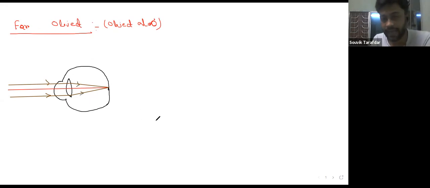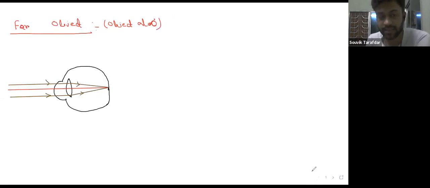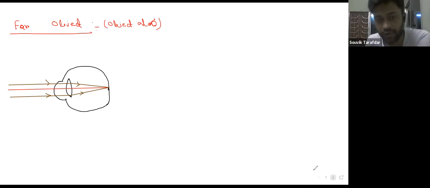Now, can you tell me for which case, for this one or for this one, the light ray is converging more? Sir, for object at infinity. Is it diverging more, you are saying? Let me check.